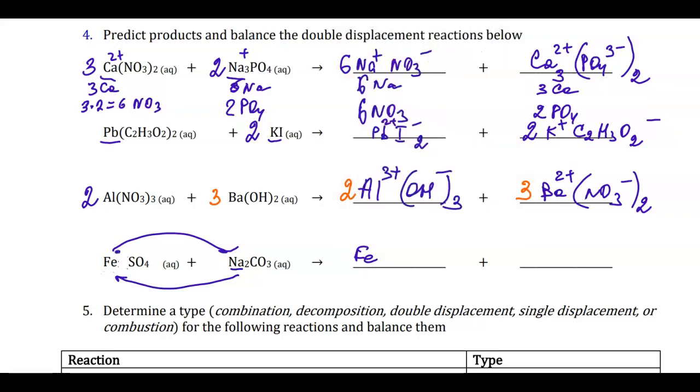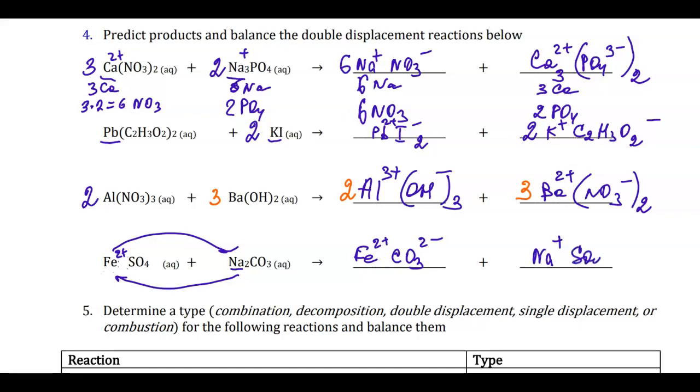So iron 2 positive, right? Replace sodium here. So iron 2 positive and CO3 2 negative. It's neutral. Okay. Sodium replaces iron 2.